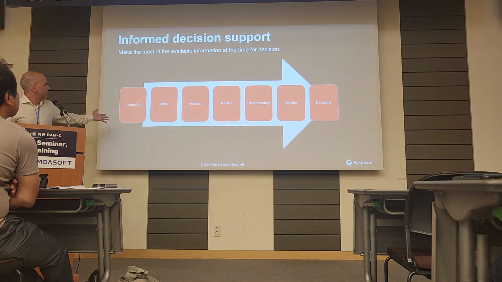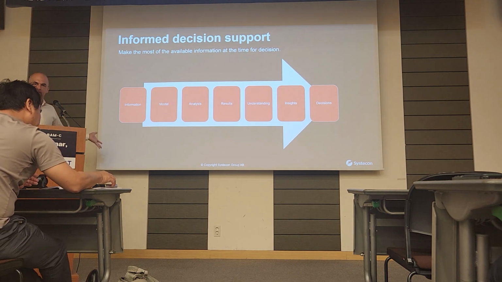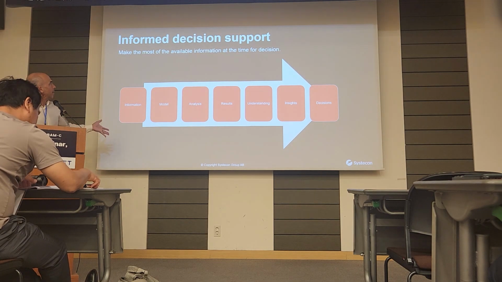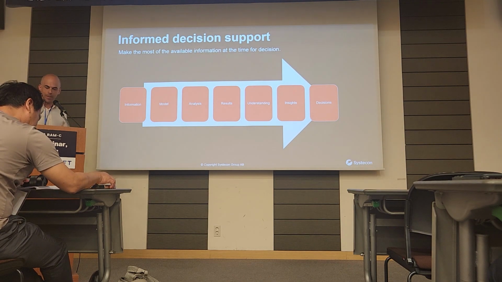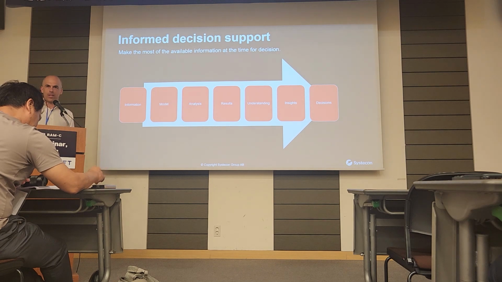And this is a lot of information. By informed decision support, we mean that you take the information that you have. If it's very little information that you have in an early phase, that might be the case, but it's still information. Or if it's a lot of information that you have during the operational phase, where you have gathered a lot of experience, still information.